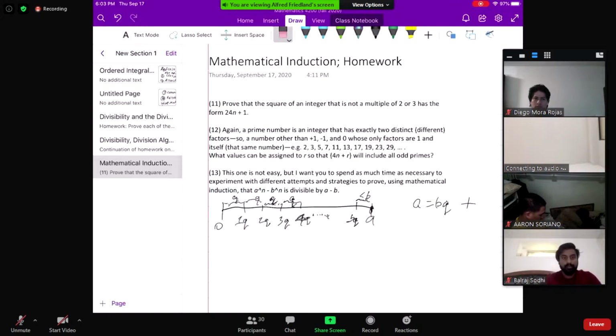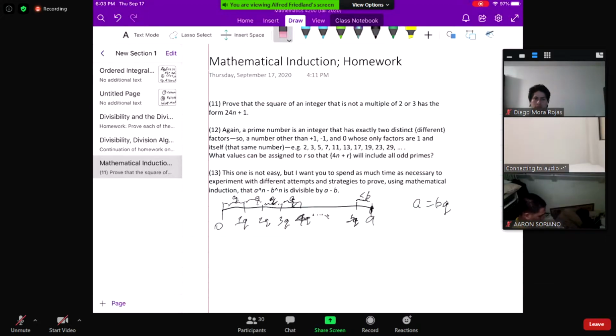Let me move over this plus sign a little. That's a plus sign, believe it or not. So if you look at that diagram there, it should be clear that we can ultimately, by taking enough of these q's, get b times q plus that amount, which we'll call r.